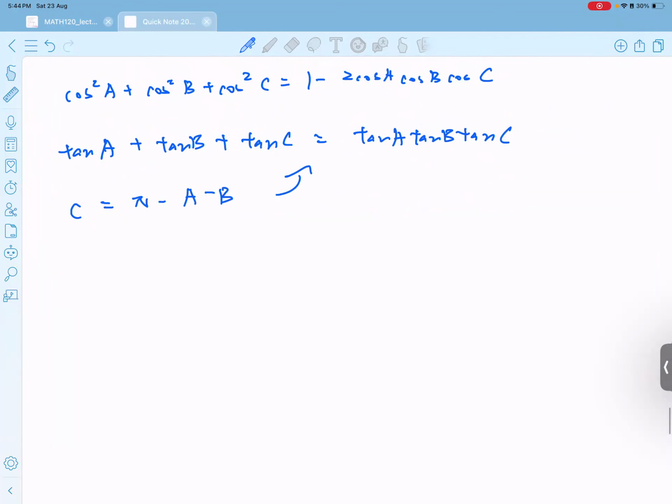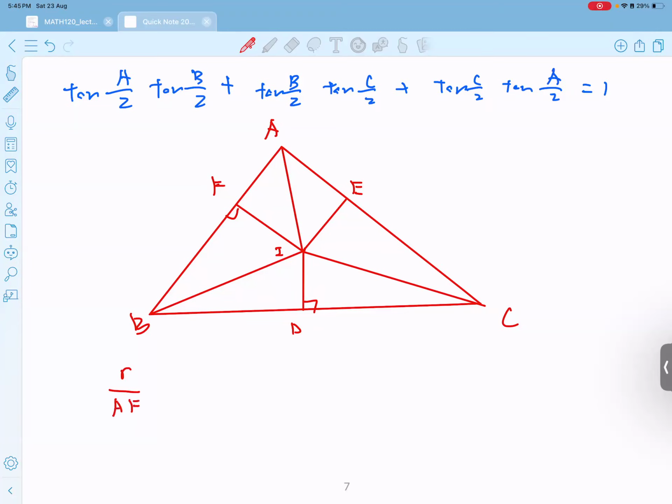So it's I, connect AI, as usual connect BI, connect CI, with touch points D, E, F. So tan A over 2 would be r over AF, where r is the inradius FI. And tan B over 2 would be r over FB. Oh no, FA, sorry.